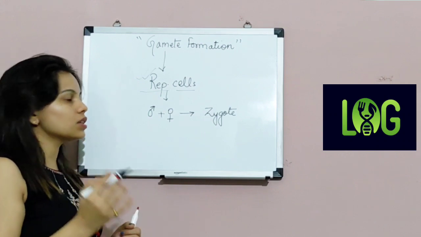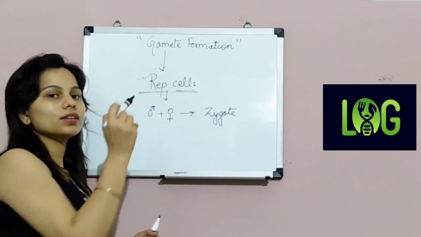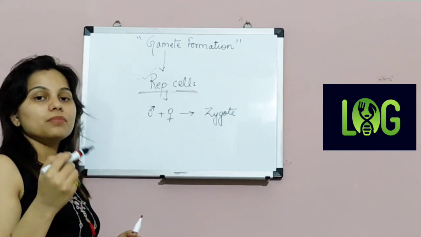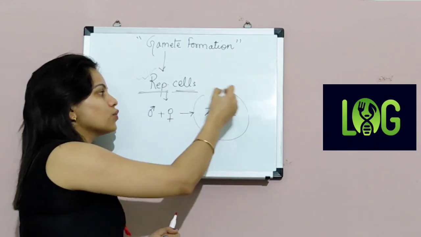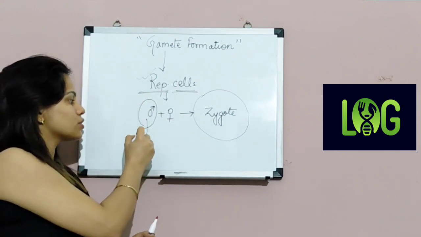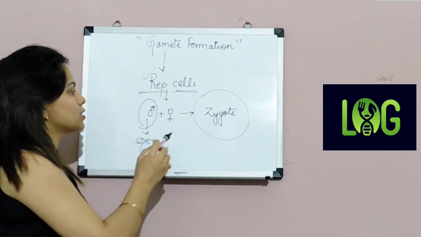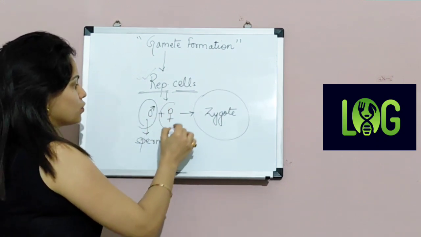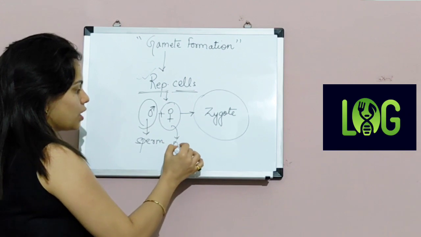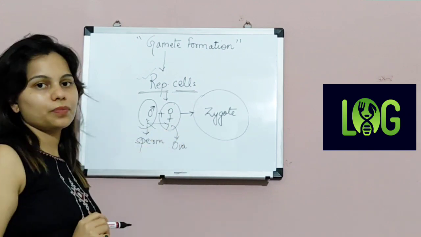Right now, you just need to know that reproductive cells are the cells involved in reproduction, meaning in zygote formation. There is a reproductive cell of the male, termed sperm in humans, and a reproductive cell of the female, termed ova in humans, and they fuse together to form a zygote.